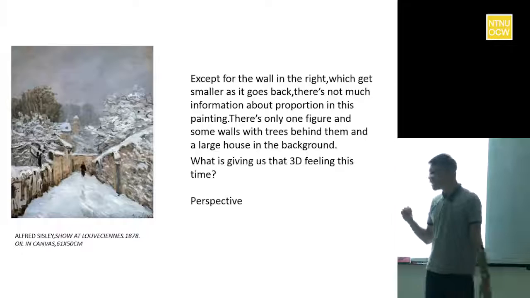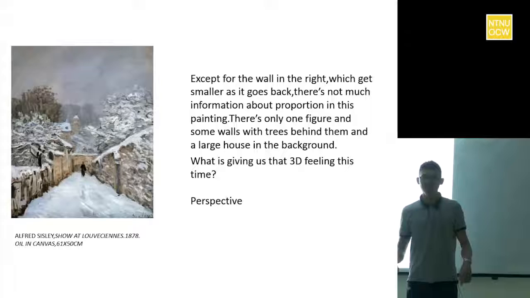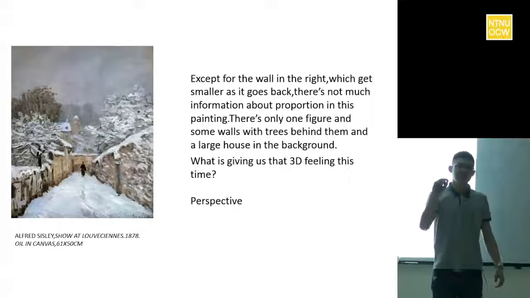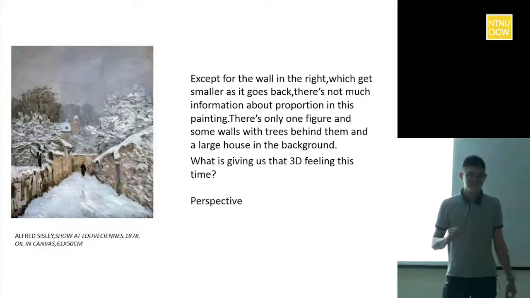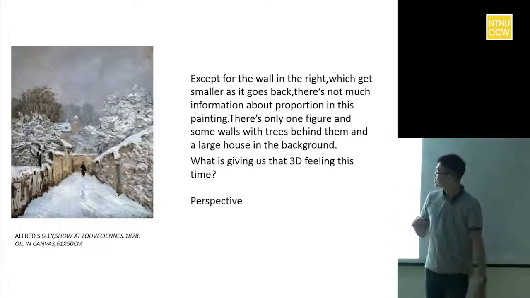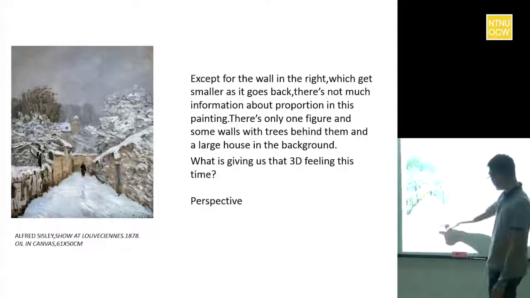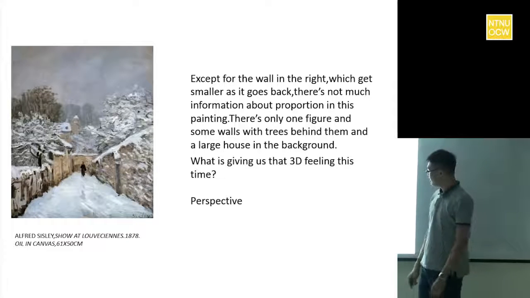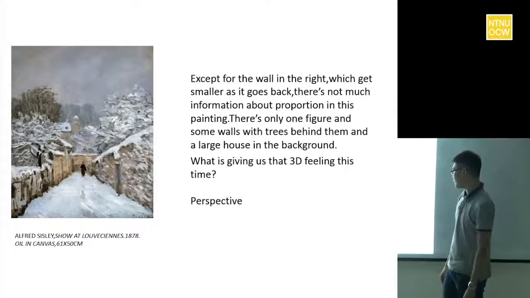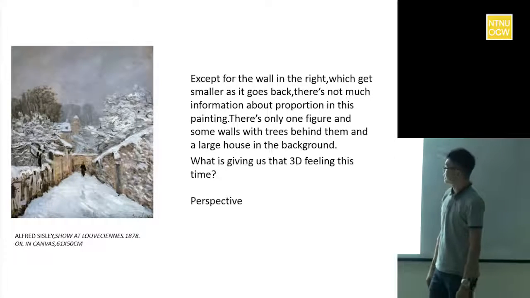So what is perspective? If you stand on the railroad and look as far as you can, the road goes into a point, and that is perspective. The vanishing point, right? Which is mentioned in the book. So let me introduce the painting by Alfred Sisley, Snow at Rouen, 1878.